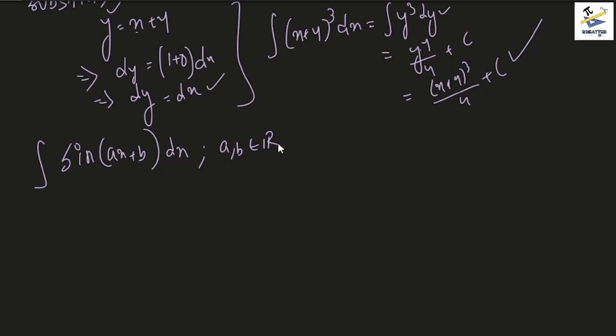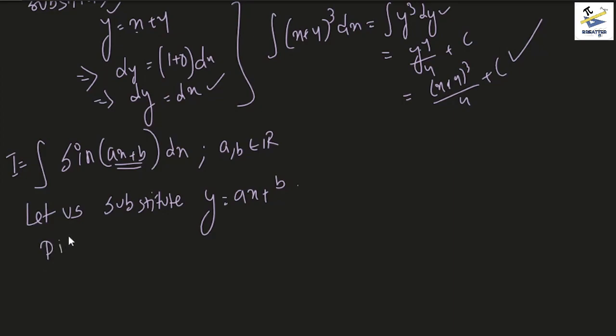In that case also, we are trying to substitute ax plus b, because were it only sin x dx, it would have been easier. Let us name the integral I, and substitute y equals ax plus b. As in the previous problem, we differentiate both sides to find an expression for dy in terms of dx.